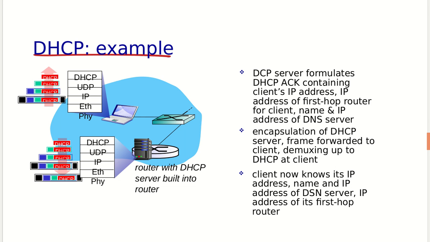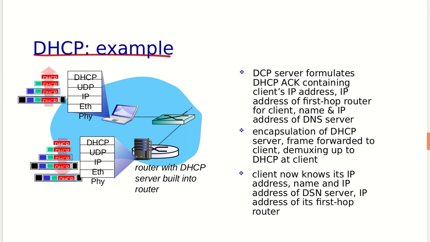Now if you look at the diagram on the left, you can see that the server is actually on top of the router. What the author wants to describe here is that the DHCP server is built into the router, so there is no need for an additional dedicated server just for DHCP services on a network.